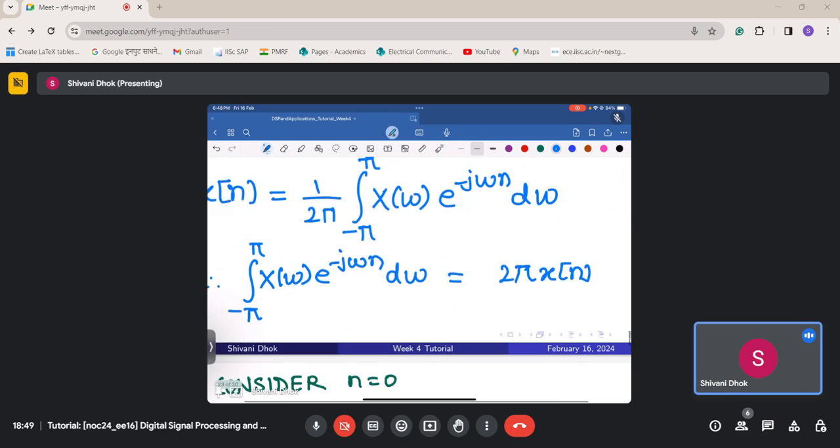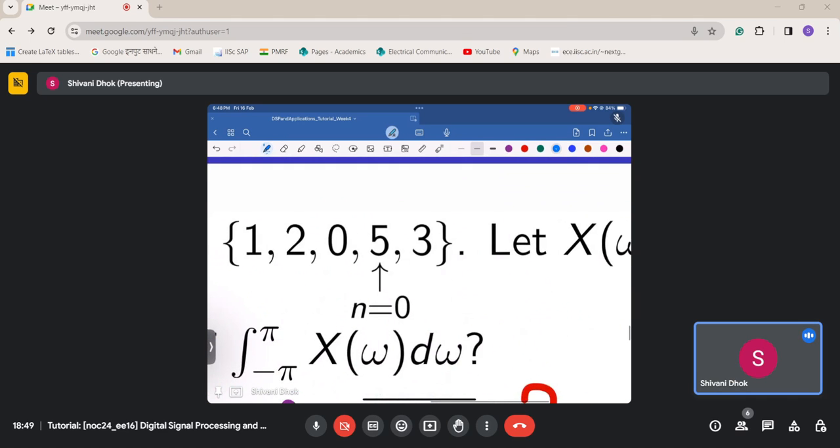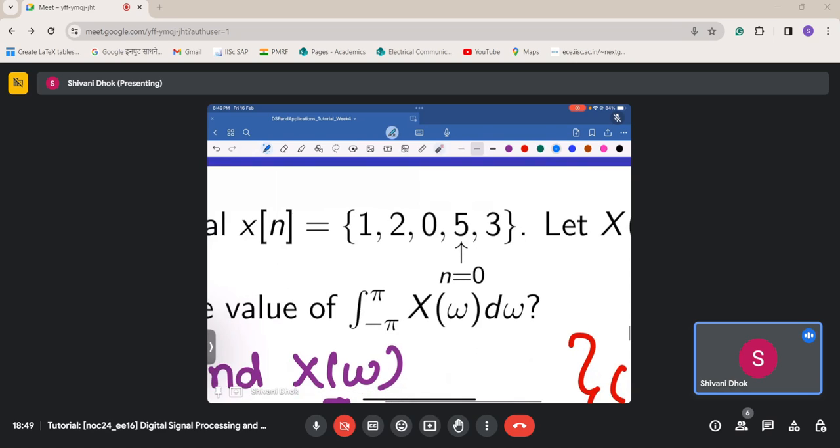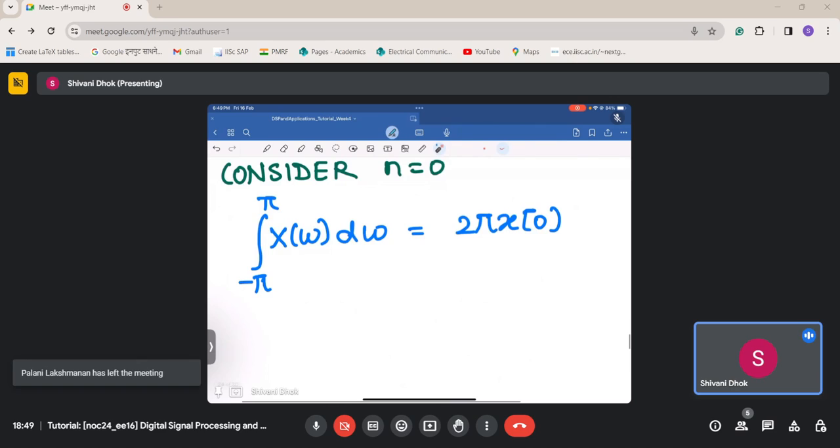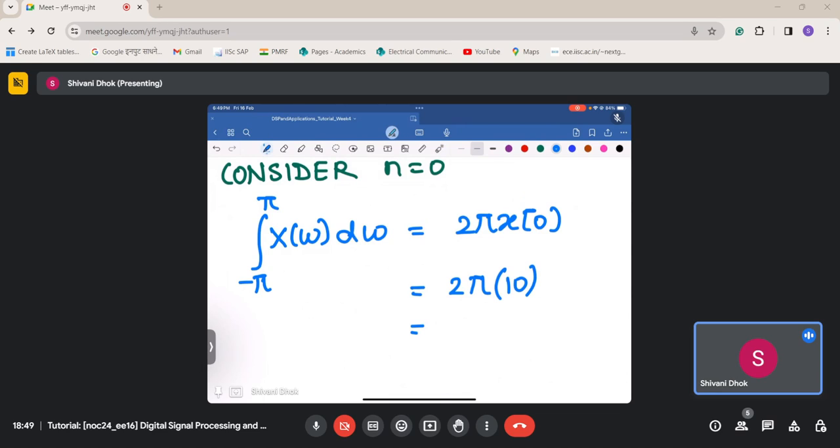And what is the value of x of 0? This x of 0 is equal to 5. Therefore, this integral is equal to 2 pi into 5, which comes out to be 10 pi.